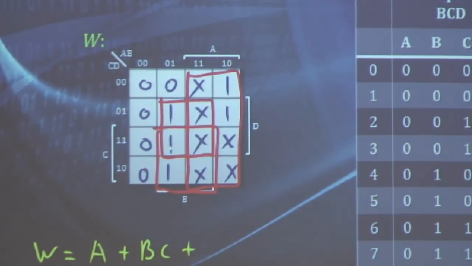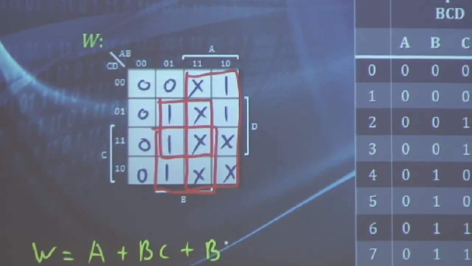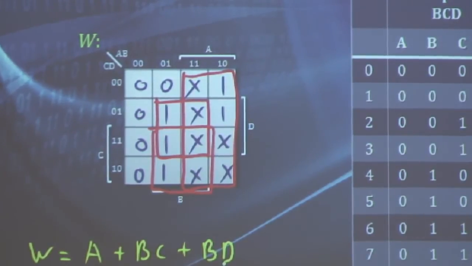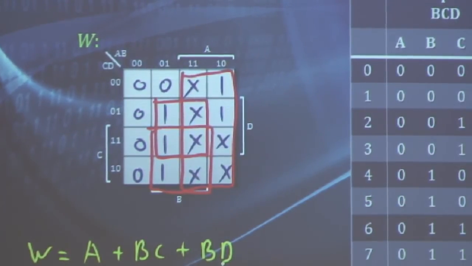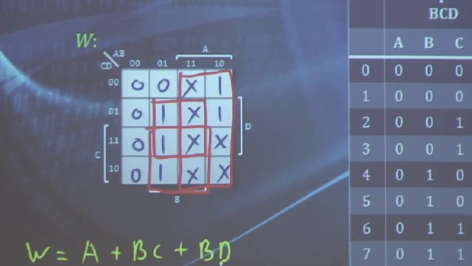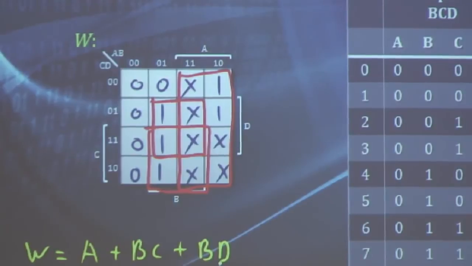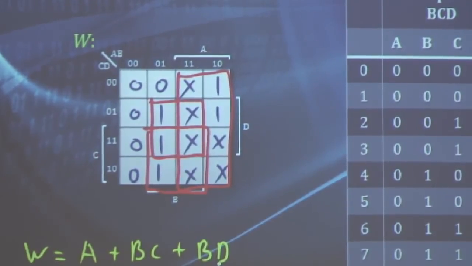Or the group in the middle, which is B and D. Now, I hope everyone's pretty fluent with working with corner maps now after solving this week's tutorial. There's plenty of questions about corner maps. If not, please practice it.